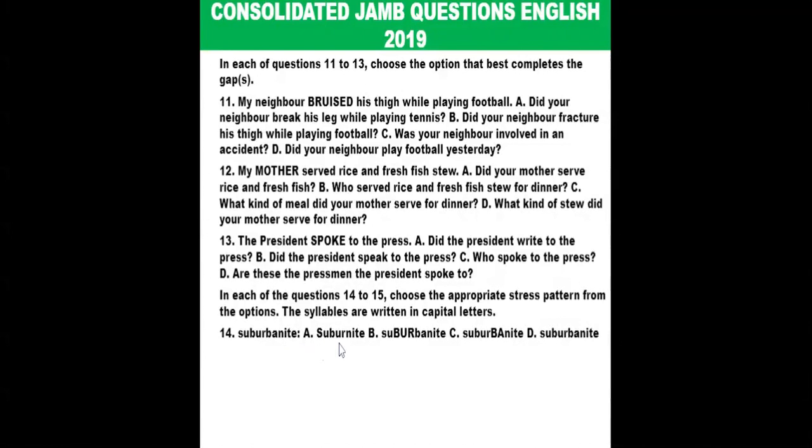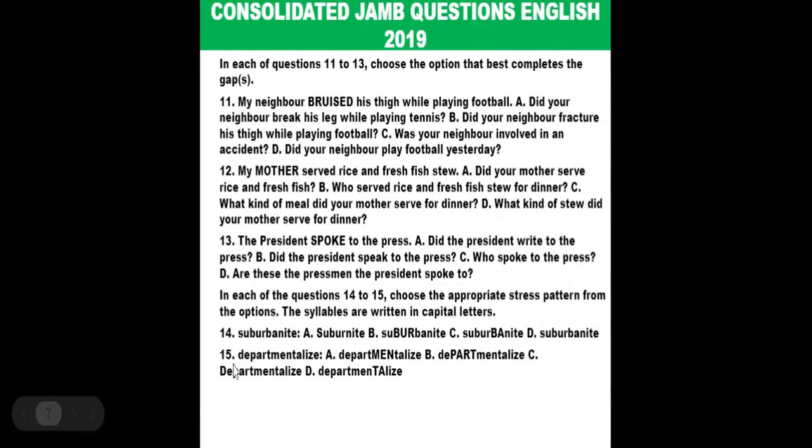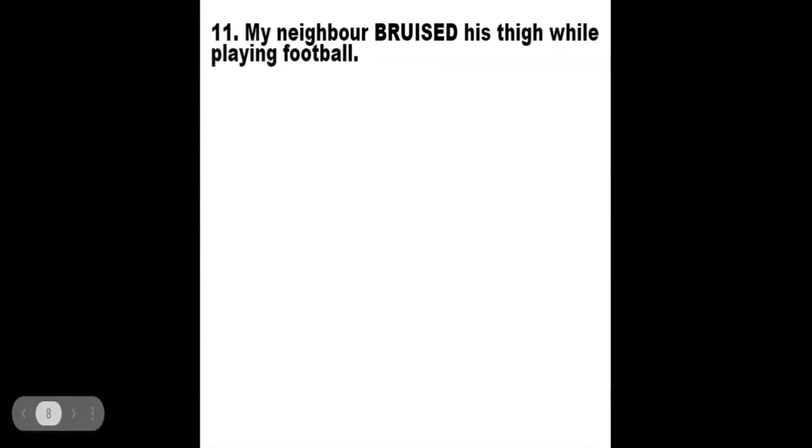Okay. Then here you have the options. So now you have to choose the one that has the correct stress, and the same thing in question 15. Now let's proceed to answering them.